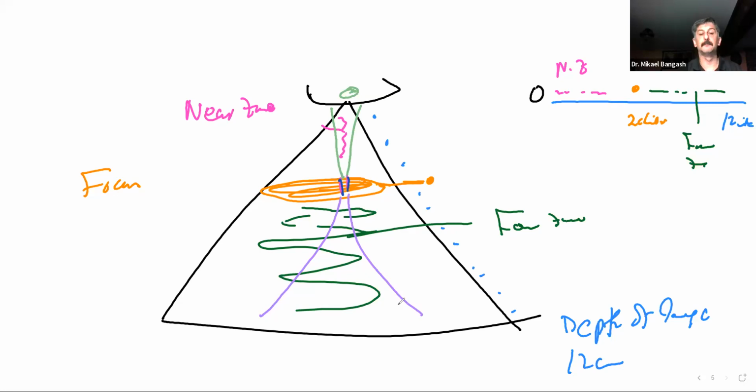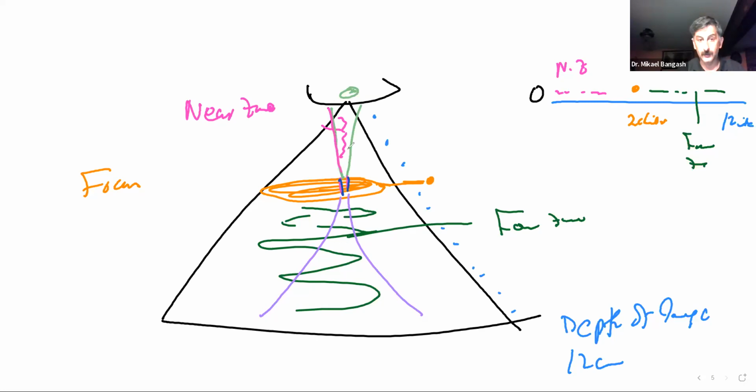Did that make sense? Did you girls get that? Yes. So if you look at it, in the near zone, what is going to happen?